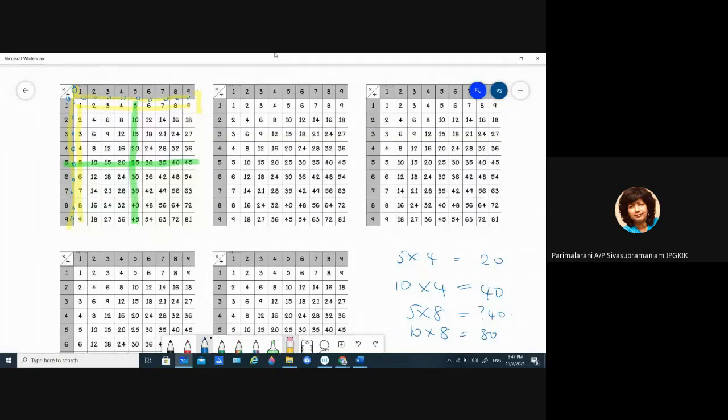Okay, so we are using 2 strategies here. One is use the rule for 0 and 1, and the other one is use 10 to teach the 5 facts only. Okay, and then we have the doubling strategy. I think Anji showed you all the card. That's a very good card. That's a very good teaching aid to teach the doubles strategy.